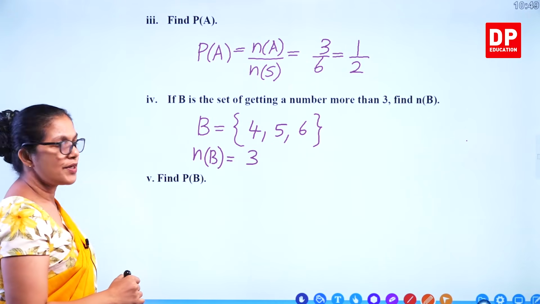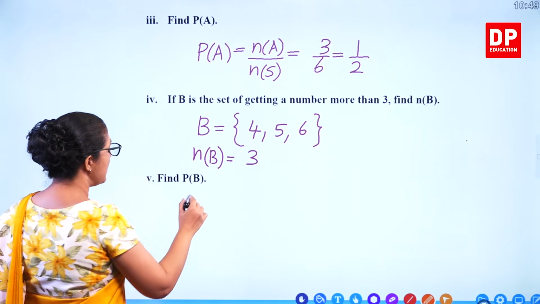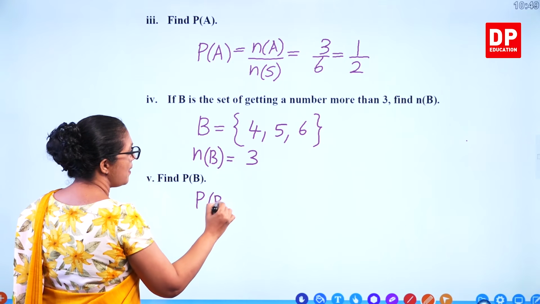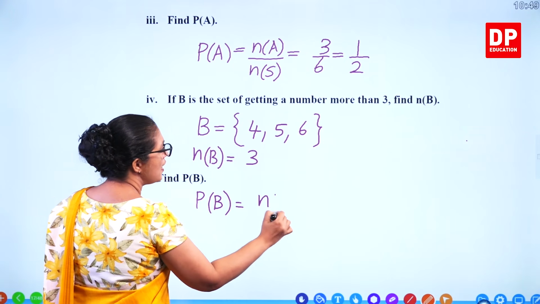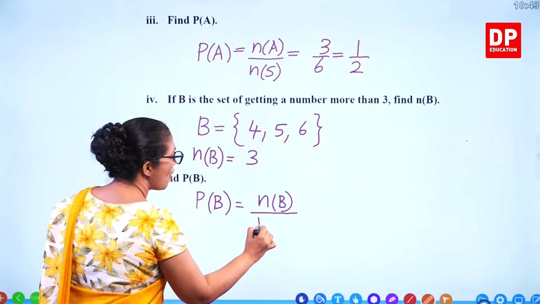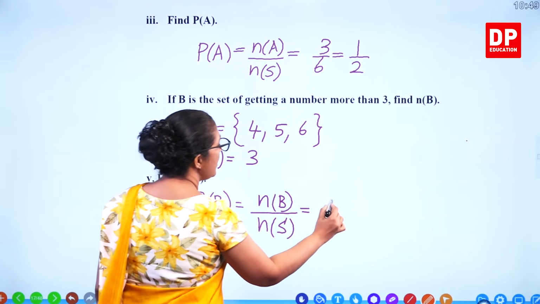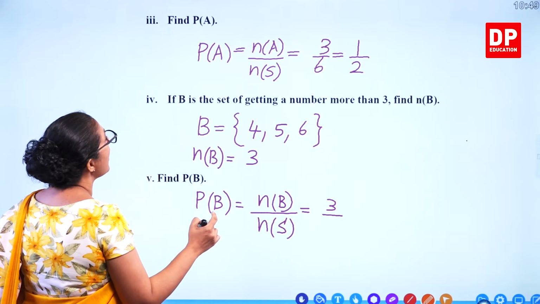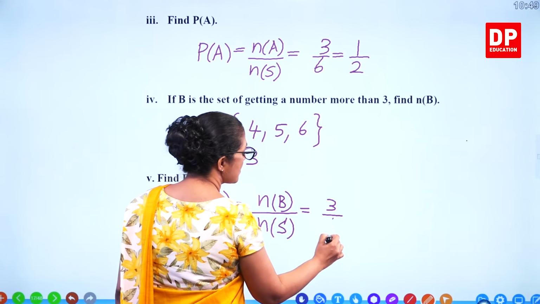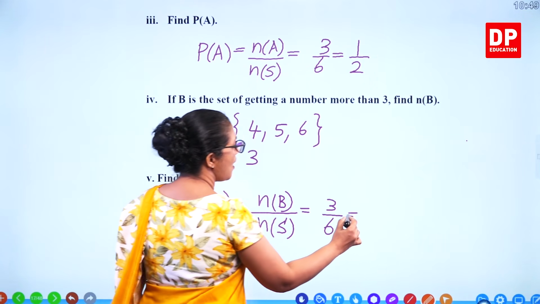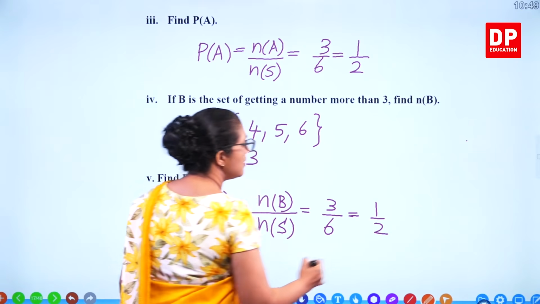So that's 3. So what's the probability of getting event B? Number of elements in B divided by number of elements in the sample space. 3 over NS is 6. 3 over 6 means divide by 3, you get half.